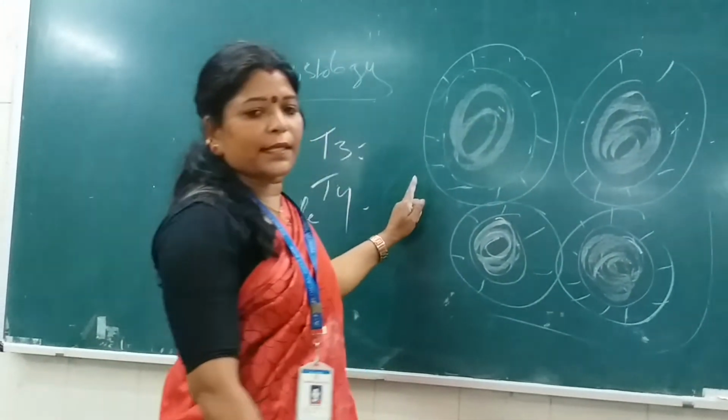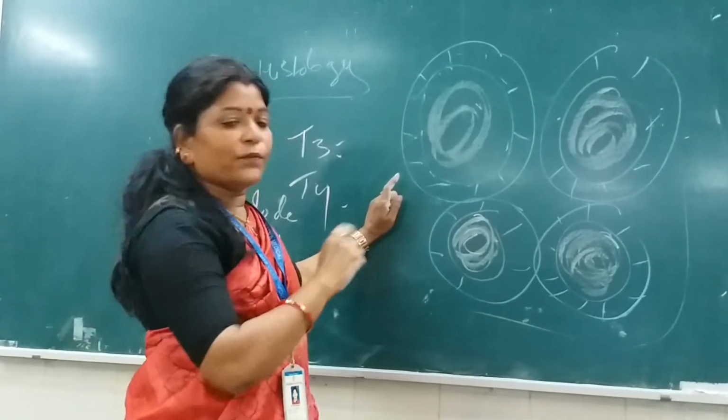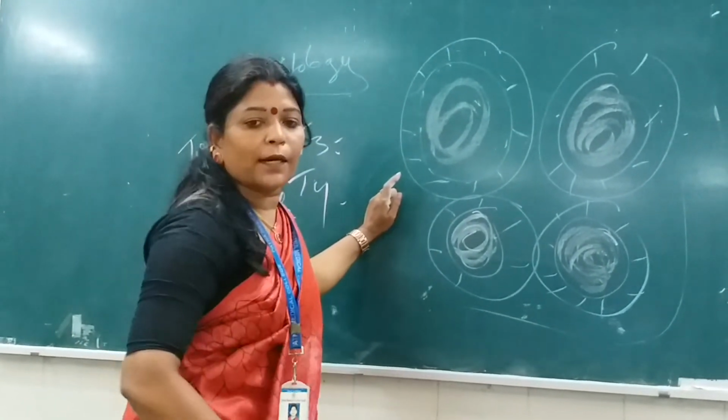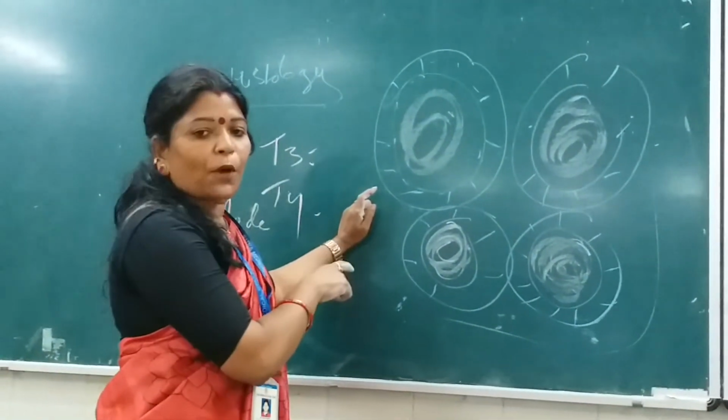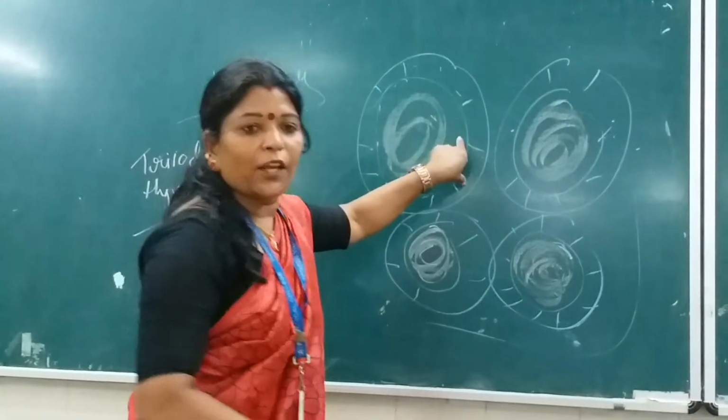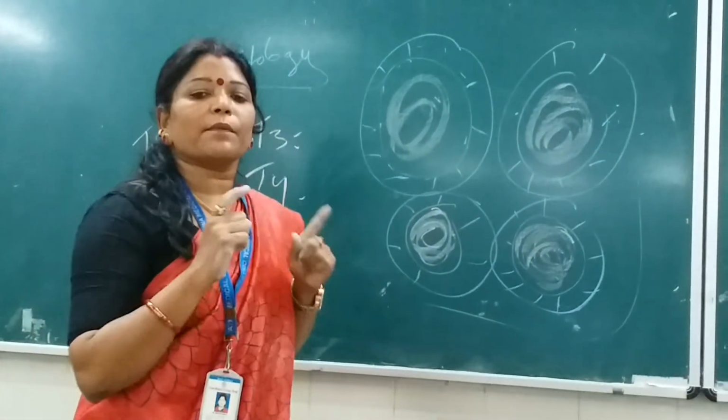One more cell type which we have discussed previously is the C cells or the parafollicular cells, which are also present in the thyroid gland and help in calcium metabolism.